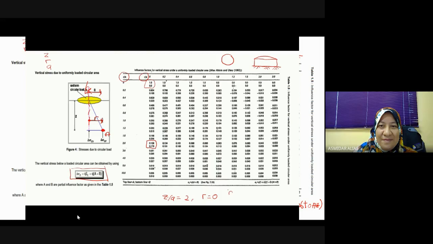So Q, vertical stress at A is given by Q, just now we have 250, and then A is 0.106 plus B, 0.178. So use your calculator, then you will find the final value for vertical stress at point A. So that will be for circular loading.